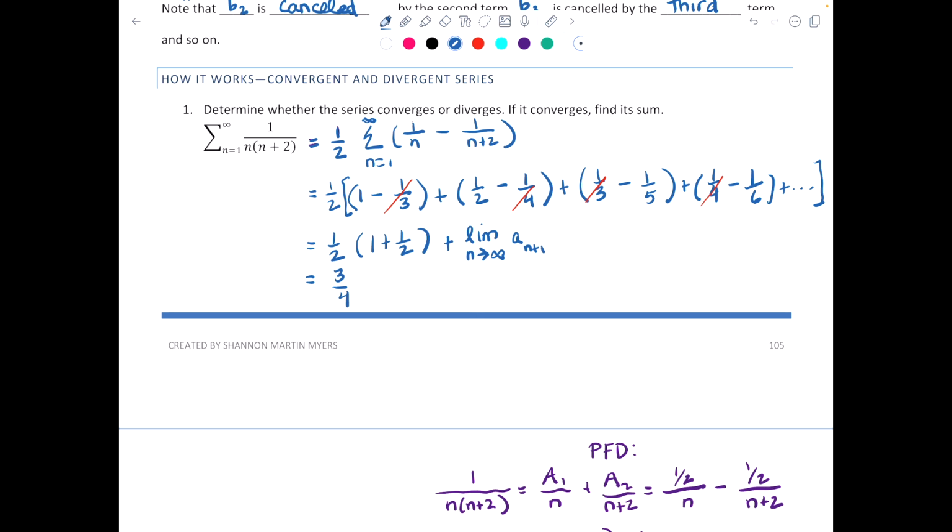So what will happen is, and we could really distribute the 1/2 to both, just to be proper.